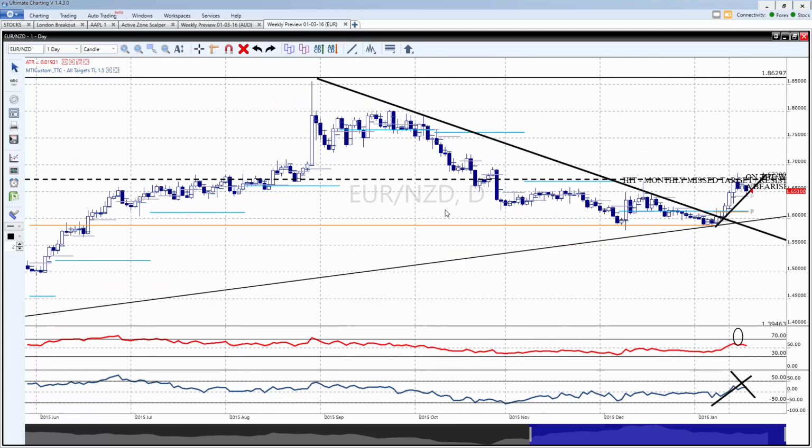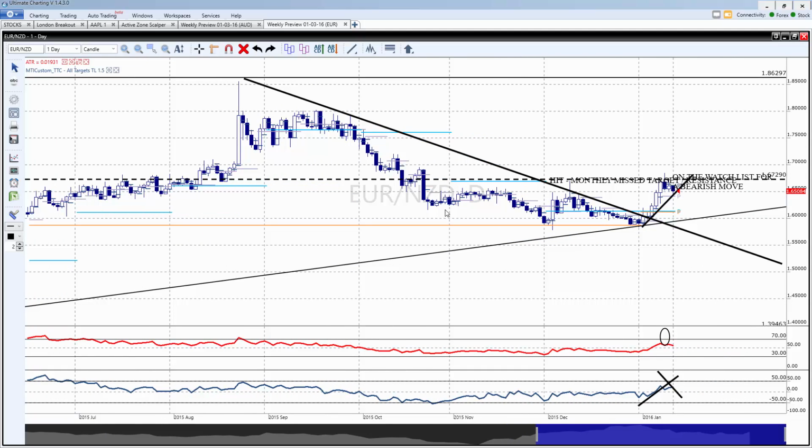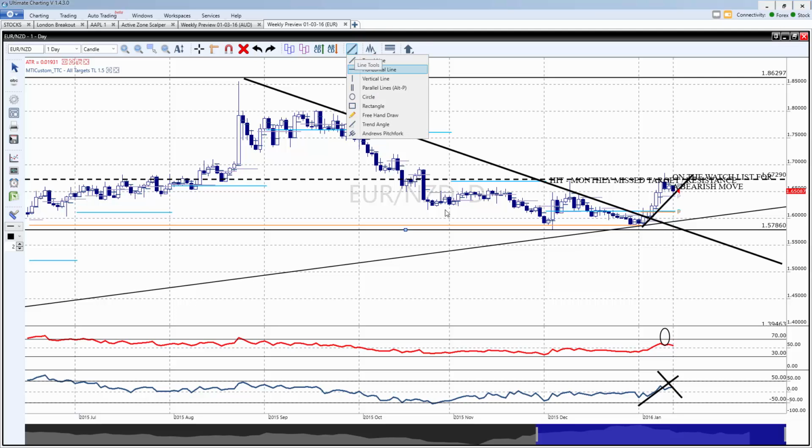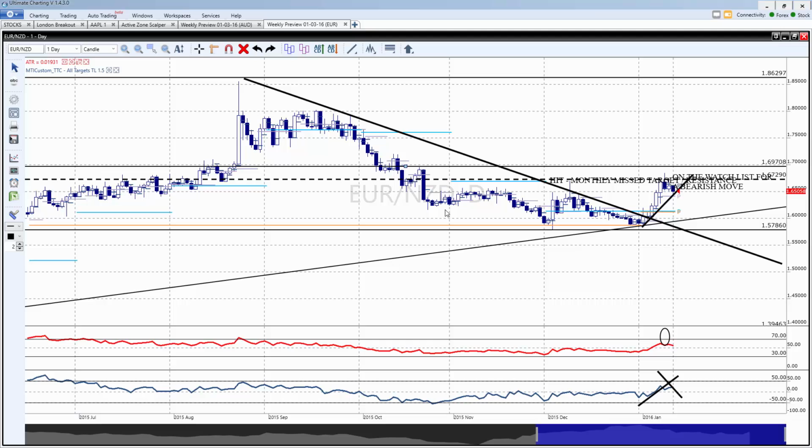All right, daily here. Again, look for some horizontal support and resistance. Any unhit?